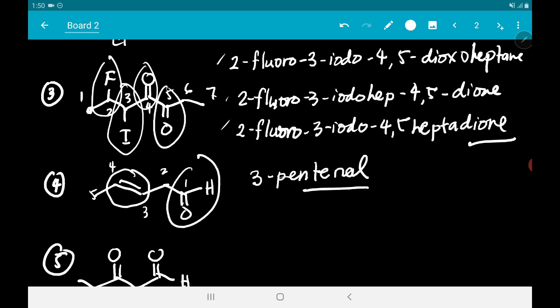Okay. So that's how you name pentenal. We can also name it as pent-3-en-1-al. Okay, pent-3-en-1-al. It's not 'in', it's 'en'.